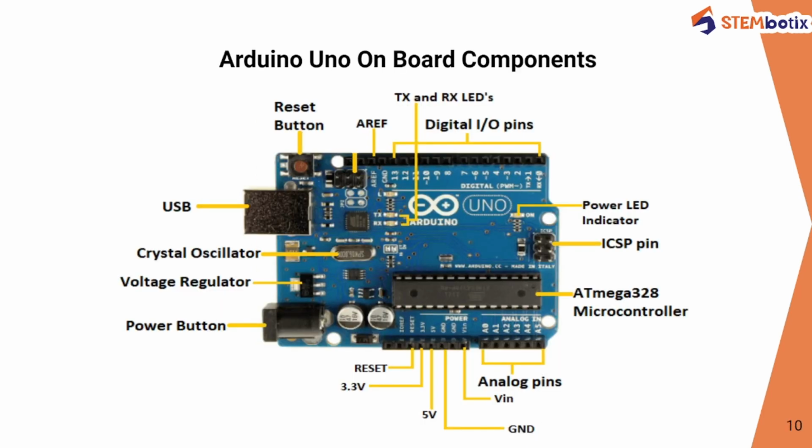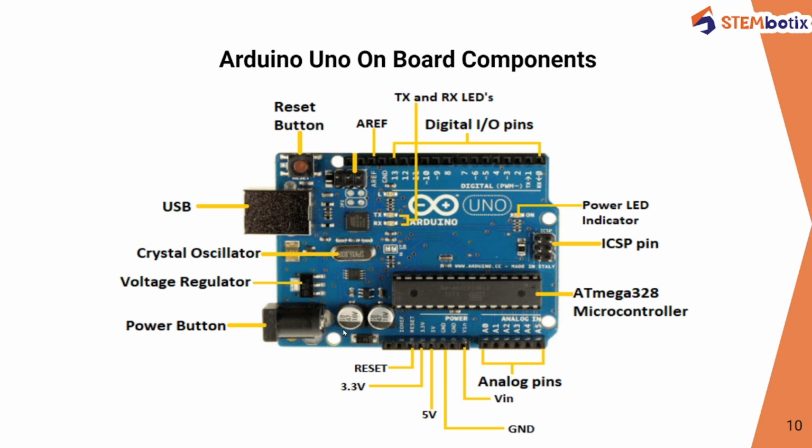Now let us see the Arduino Uno board's onboard components, means the components which are there on the board, and their function. As we have discussed earlier, this particular Arduino Uno board has two options to power up your board. First one is through a USB cable and the other one is through a power jack.